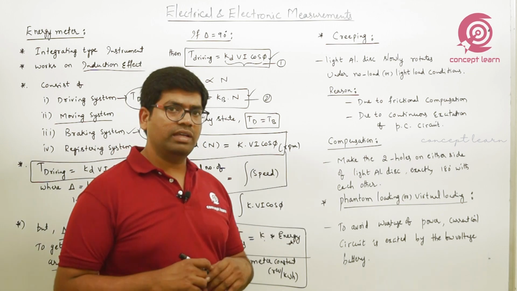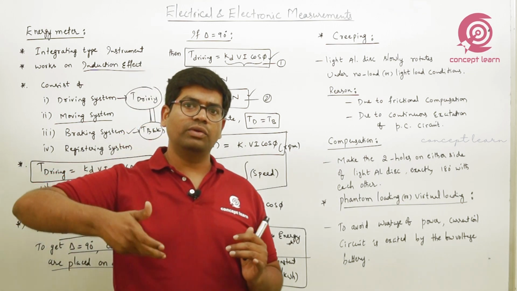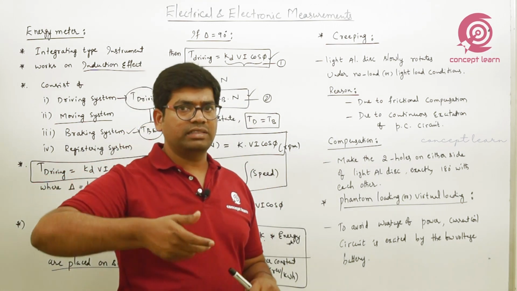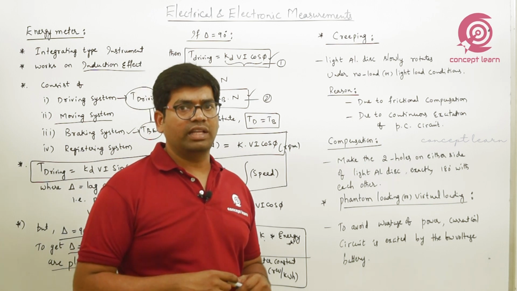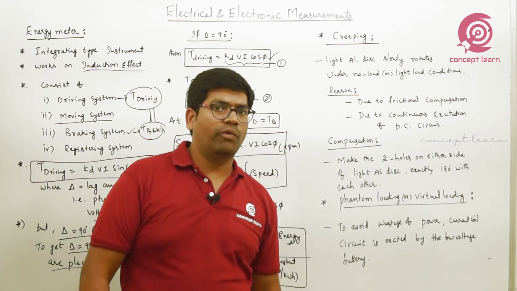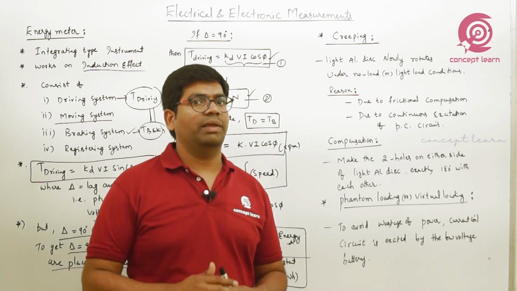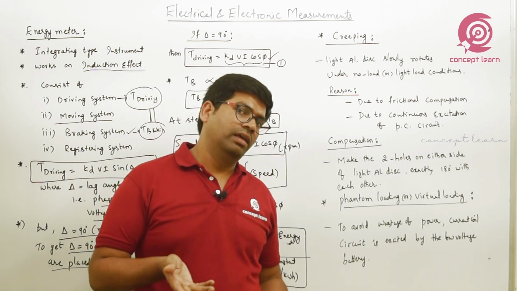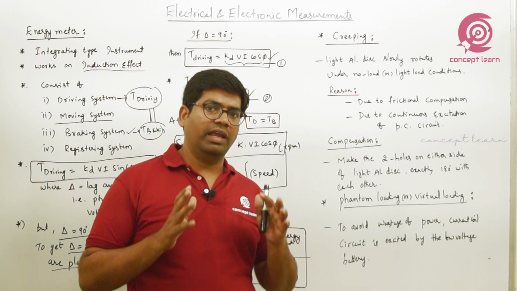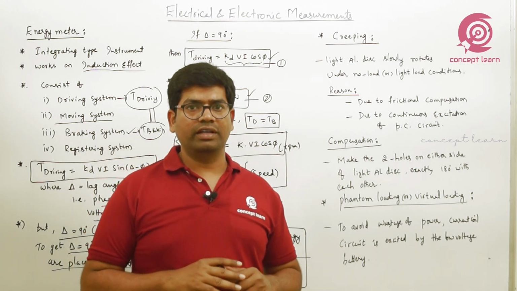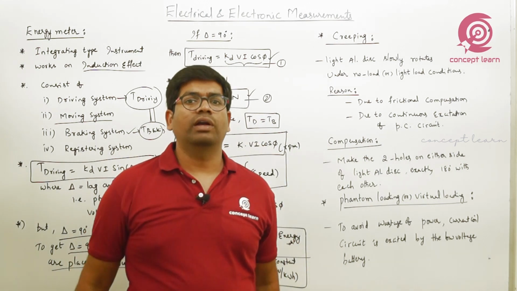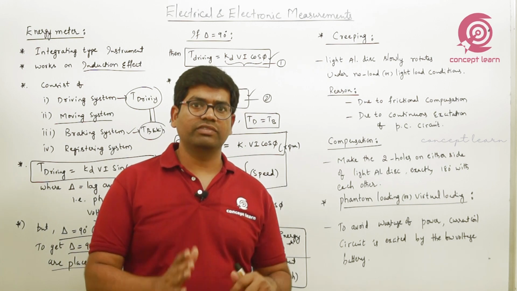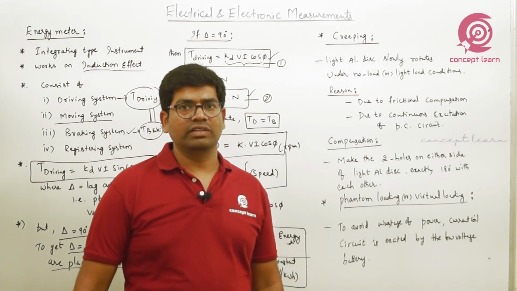Instead of actually applying the load, we energize the current coil circuit with a low voltage battery, mainly to avoid wastage of power. The same activity you can do with the watt meter or energy meter. Mainly the intention of the phantom loading test is to avoid wastage of power, so you can save some power by following this test.